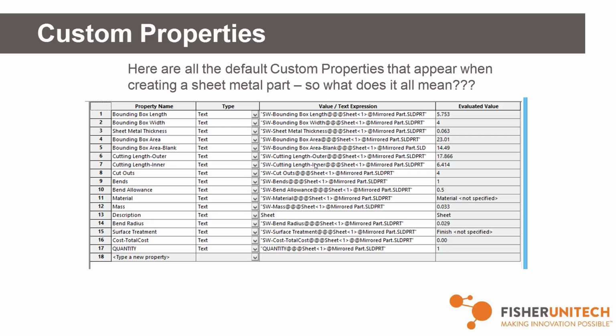Cutting length inner is obviously going to do the opposite. So if you have holes or cutouts, it's going to take the entire length of those and give you that value here. Cutouts, again straightforward, is however many cutouts there are in your part. Bends, again very straightforward. Bend allowance, whatever that value is. Material, and then mass is going to be there.